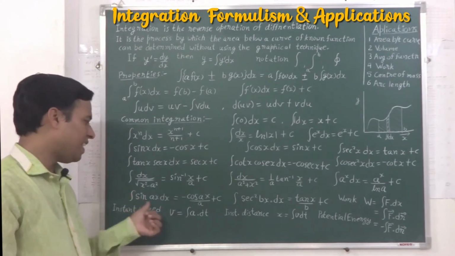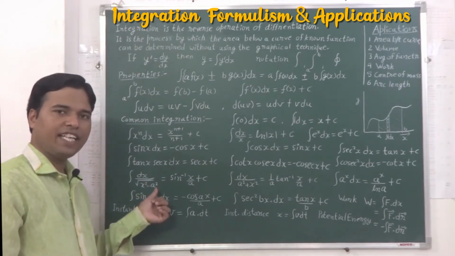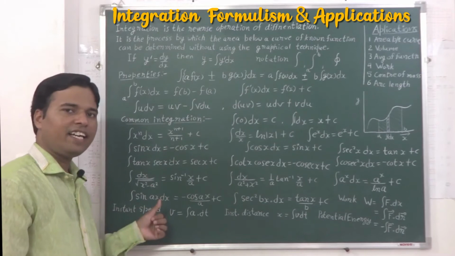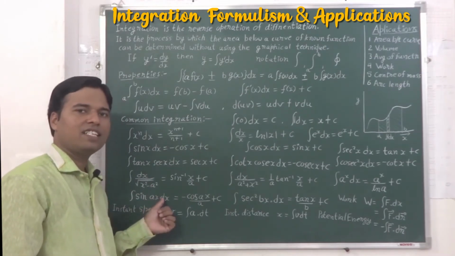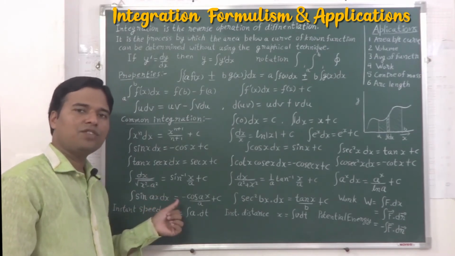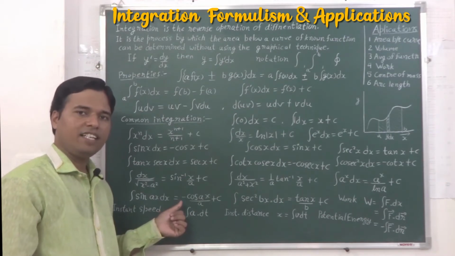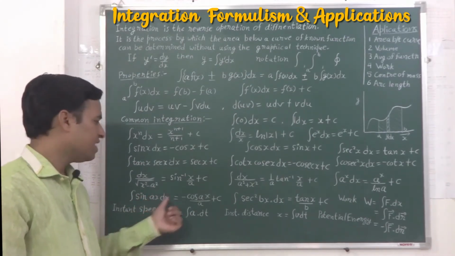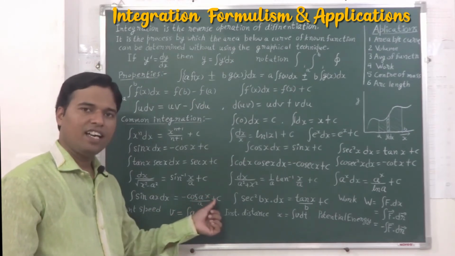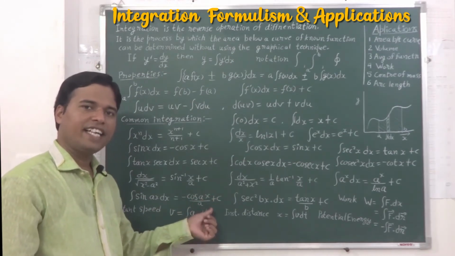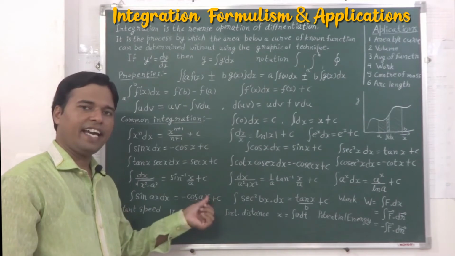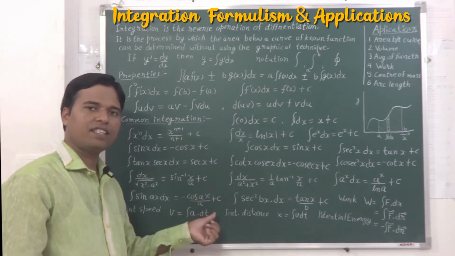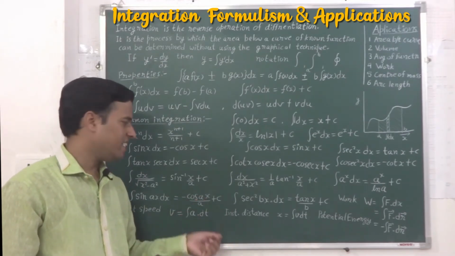You can multiply this complete function with a and divide with a, then you can replace this ax with another term t, then integrate it and you will get negative cos t upon a, then replace the t with ax and you will get this function. That is very easy.